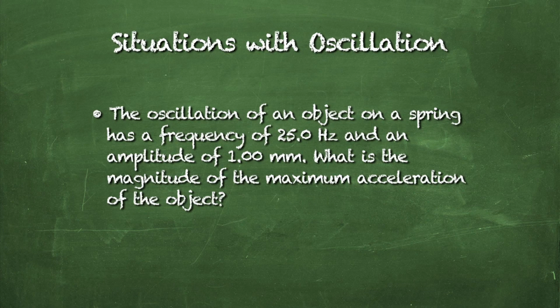And I'll give you a hint. The maximum acceleration of the object will occur when the object is at its extreme point, meaning that the spring is most stretched so that the force is greatest. So the maximum acceleration occurs when the force is greatest, and the maximum force occurs when the spring is most stretched, so at its extreme point, at the greatest length.